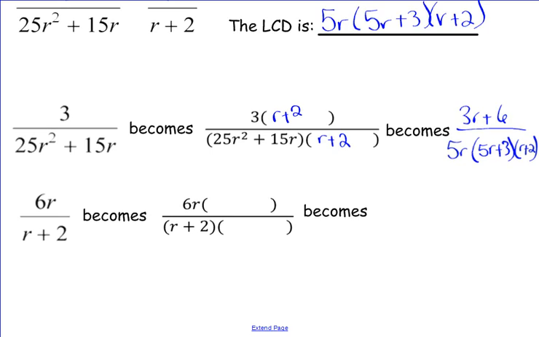Let's look at the last one. What do I need to multiply by? Well, I need to multiply by, oh my, 5r times r plus, ugh, guys, I'm getting tired. I've got to multiply by 5r times 5r plus 3.